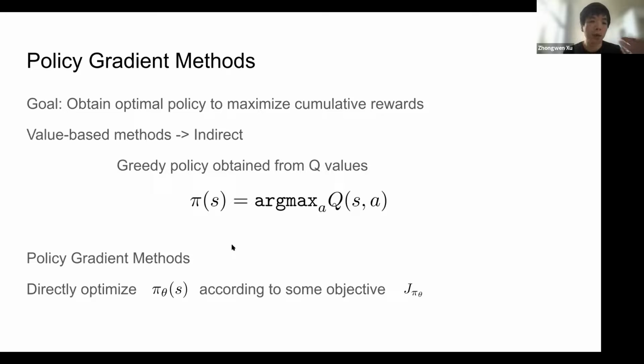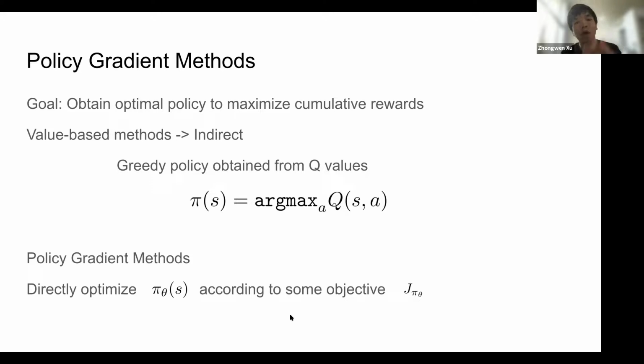Instead, in policy gradient methods, we do not use the indirect way to first parameterize the Q values and then transform it to a policy function. We directly parameterize this pi of s function with a parameter theta.